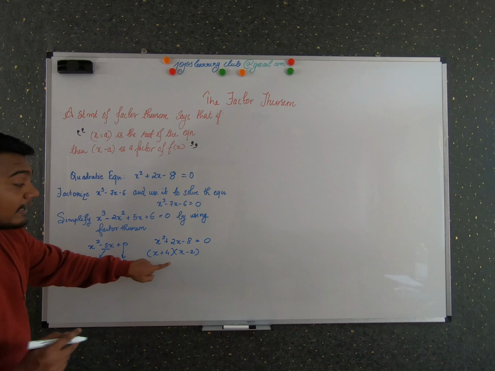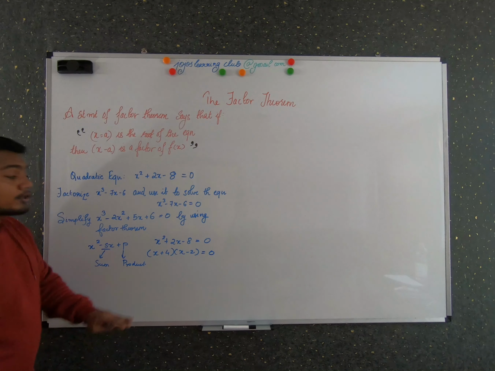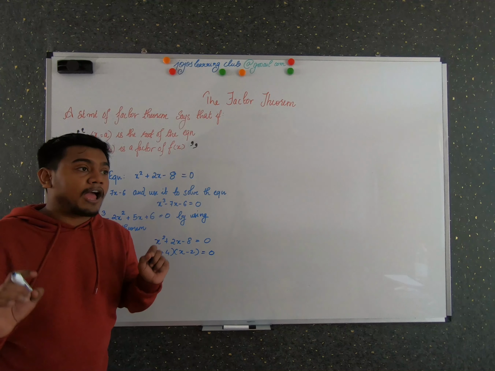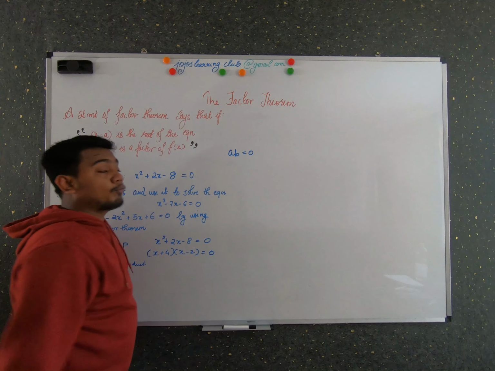And that's why I can simply write it as (x plus 4) into (x minus 2) equal to 0. When you have, for example, a into b equal to 0, what are the conditions?